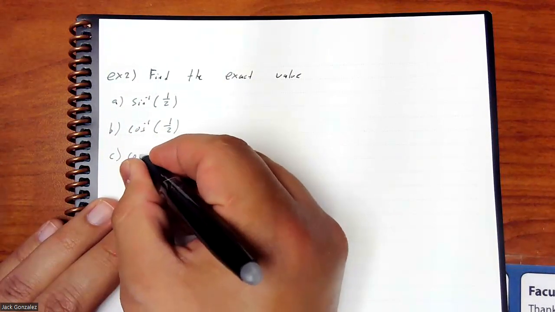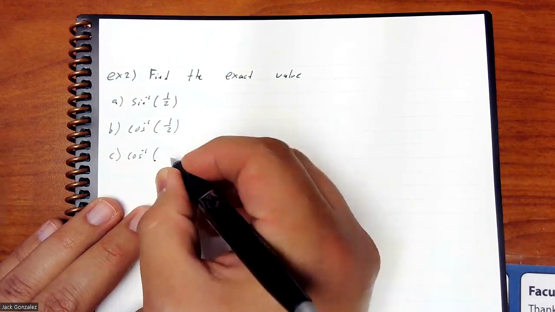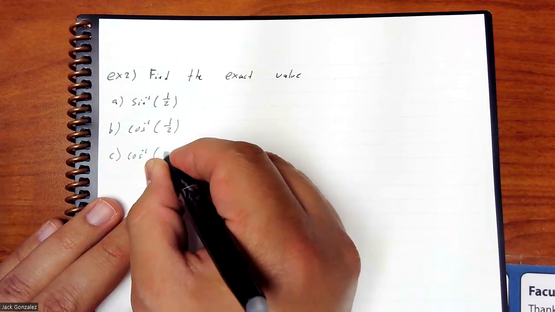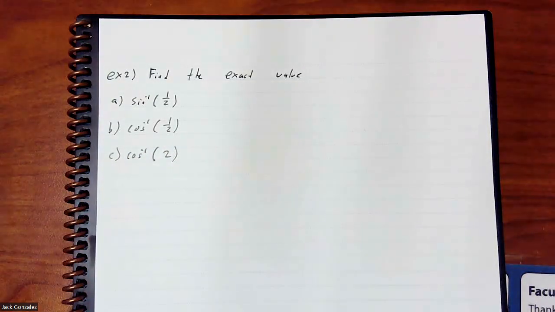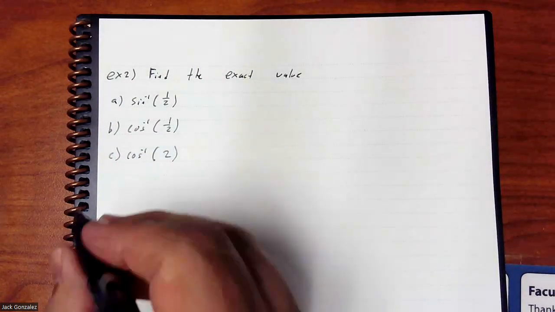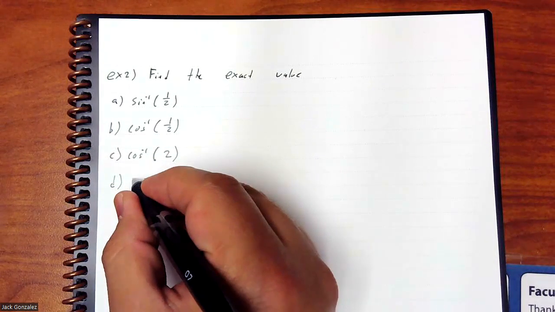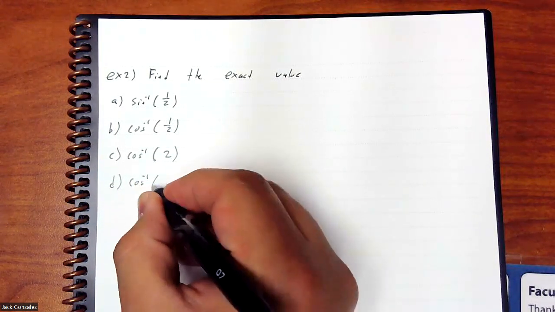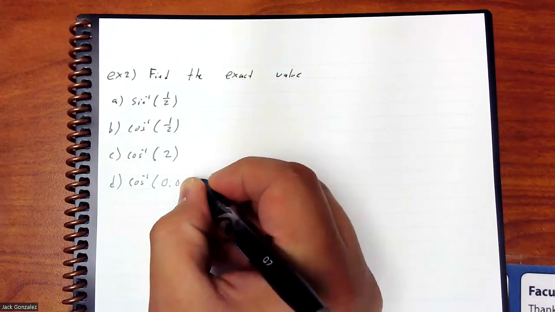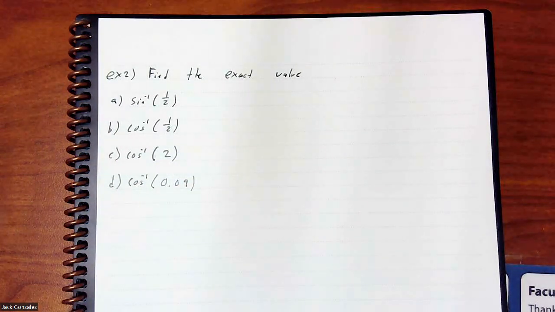What is cosine inverse of 2? So the first two are on your circle, right? The last two, maybe not.